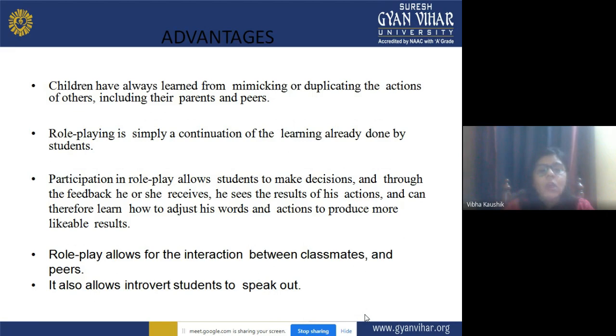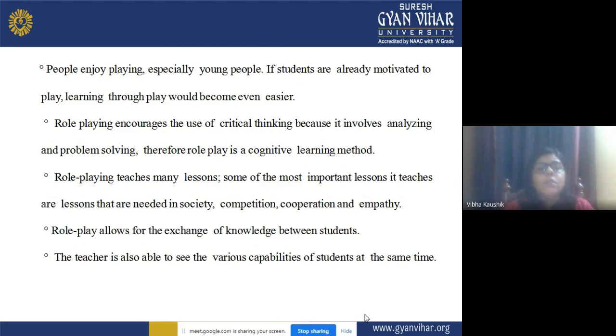It also allows introvert students to speak out. In the teaching learning process, sometimes introvert students do not speak out, but through the role play technique they are given the chance to speak out their problems or issues or what they want to share with their classmates. People enjoy playing, especially young people.